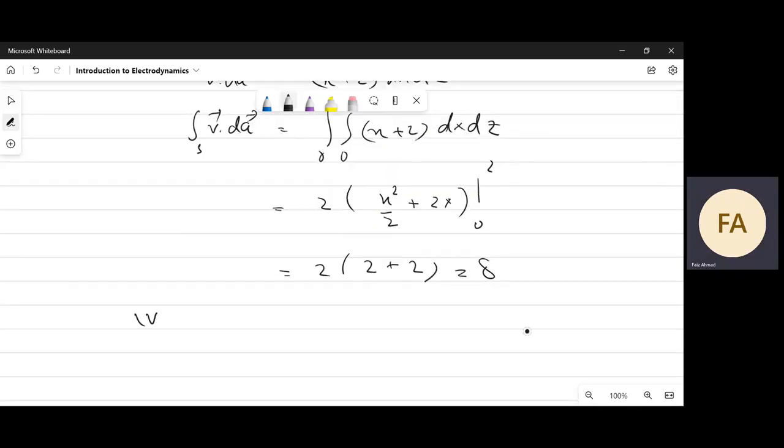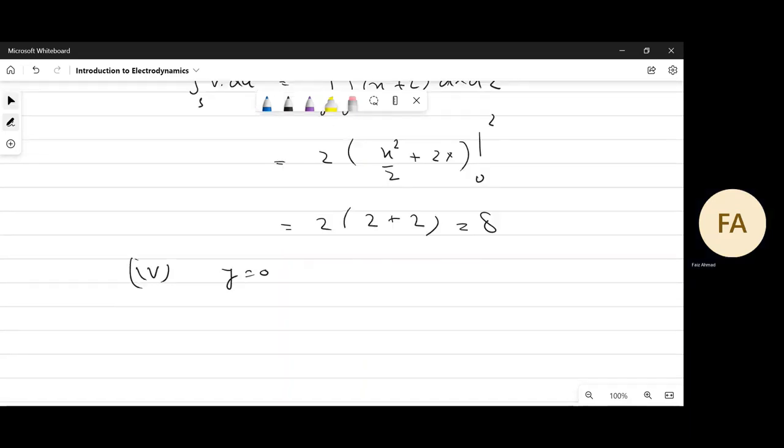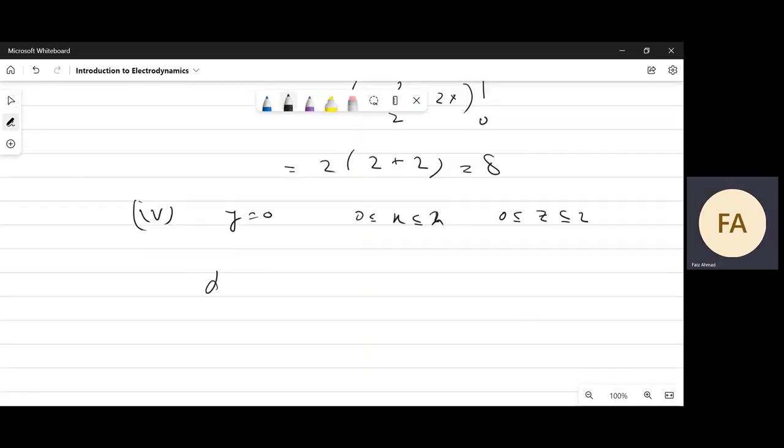Likewise, we have to perform face 4, where y is equal to 0, and the integration is again over x from 0 to 2 and z from 0 to 2. dA will become dx dz, but there will be a negative sign because it's pointing in the negative y direction.